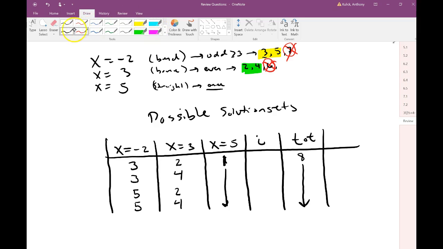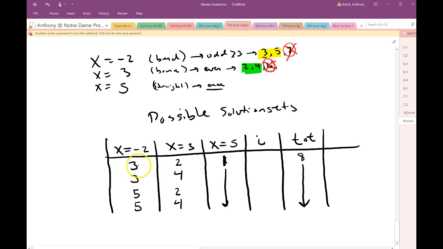Okay, let's look at what we've now written down. 3 plus 2 is 5, plus 1 more is 6, but I have to get to 8, so what's missing? 2 imaginaries. 3 plus 4 plus 1 is 8, so that leaves room for 0 imaginary. 5 plus 2 plus 1 is 8, which leaves room for 0 imaginary. 5 plus 4 plus 1 is 10.